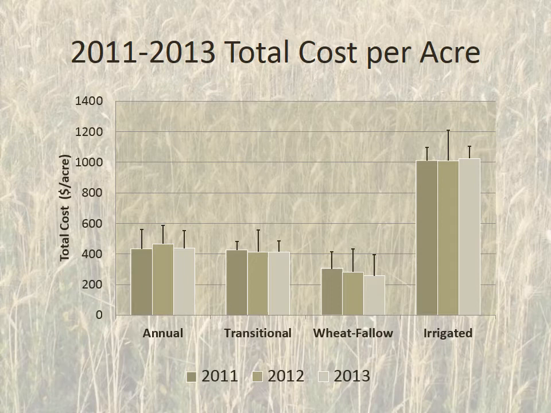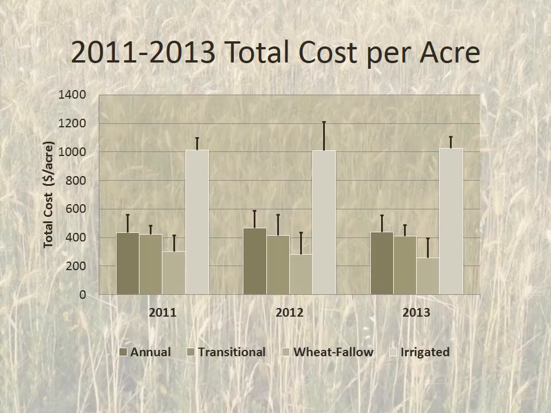And then similar with the other classes as well. So there's not a whole lot of difference in total cost per acre. This is the same data, it's just separated by year rather than class.